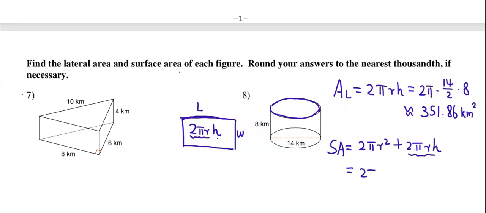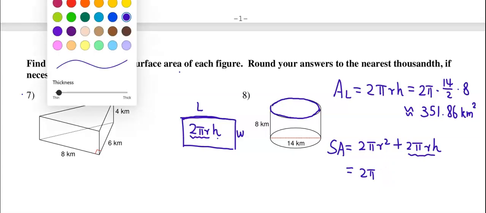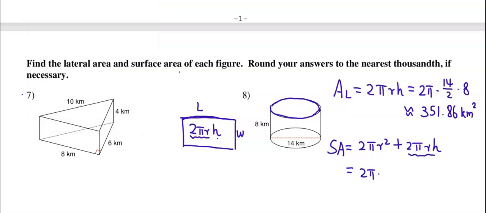Okay, so 2 pi, radius is 14 divided by 2. Of course, you can go ahead and write down 7. The reason I write it like this is I want to show you the details. 7 squared. And then earlier you already calculated, so you just go ahead and do this. And then you calculate one more time and use your pi key 3.14.